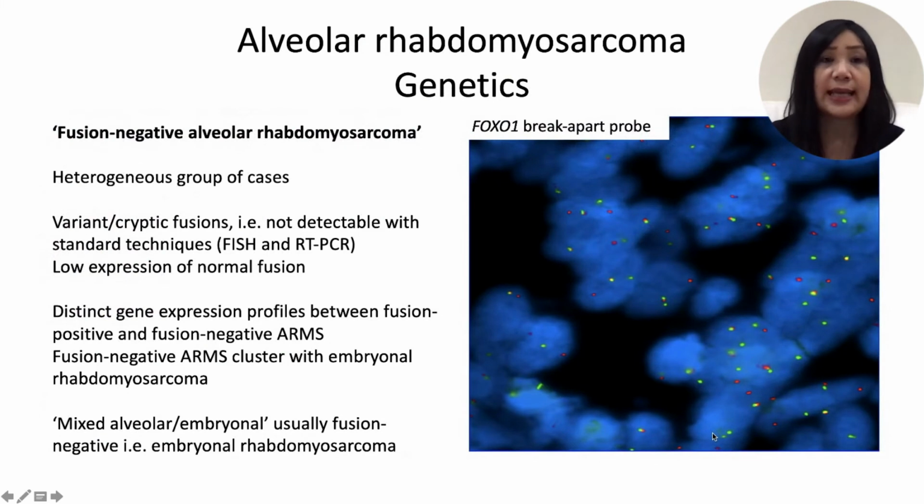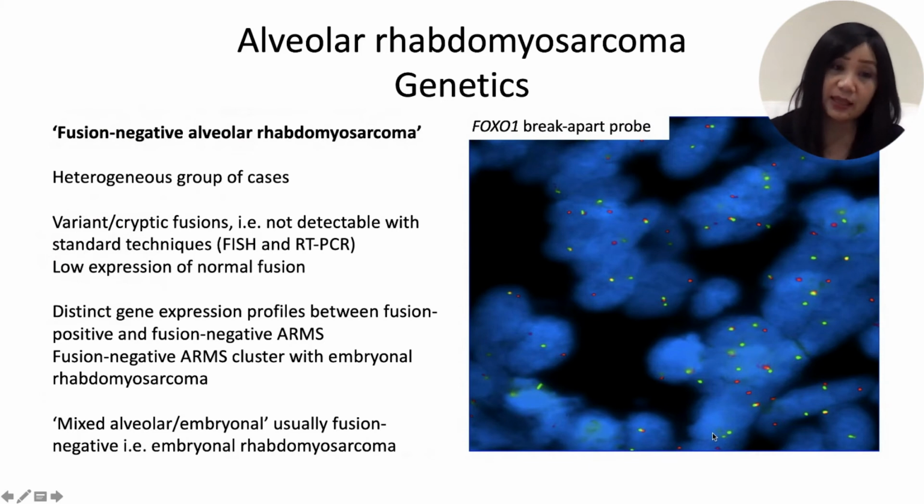There is the concept of fusion-negative alveolar rhabdomyosarcoma. These are thought to represent a heterogeneous group of cases. There can be a number of reasons why an alveolar rhabdomyosarcoma-like tumour may be negative for PAX FOXO1 fusions. These tumours may have one of the variant fusions that we just mentioned, or these fusions may be present at low levels which are not detectable molecularly, i.e. there is a low expression of the normal fusion, or they may be variant fusions that are not detectable with standard techniques.